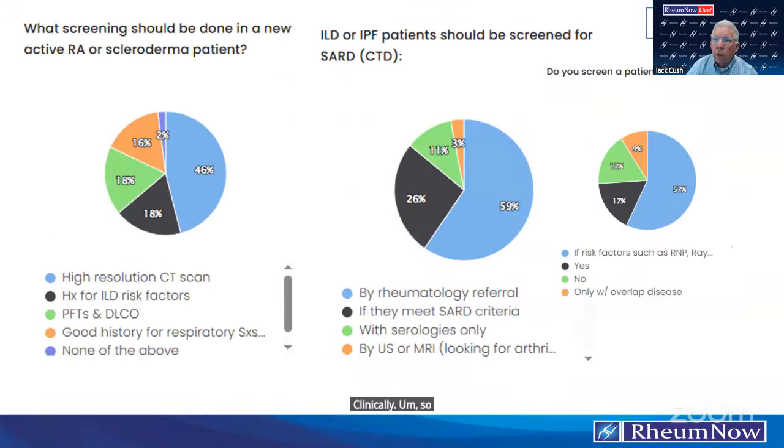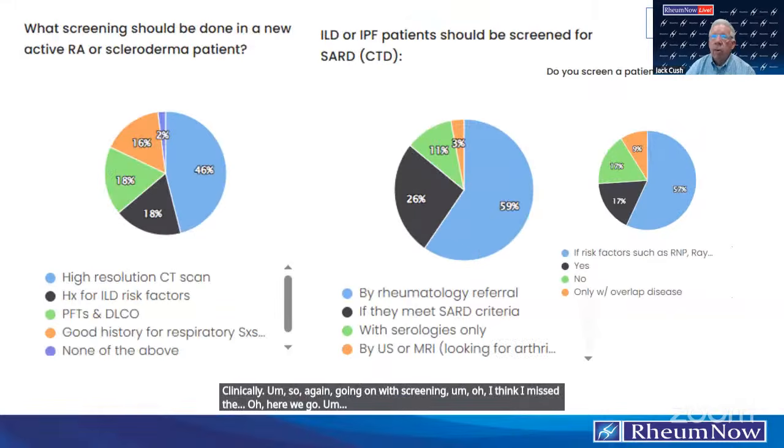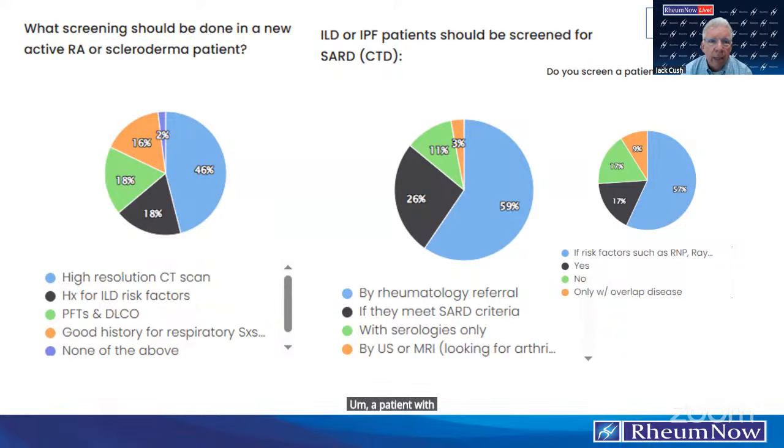So again, going on with screening. Oh, here we go. So yeah, we're back to screening. A patient with new active RA or scleroderma, what screening should be done? Half the audience chose a high-res CT.